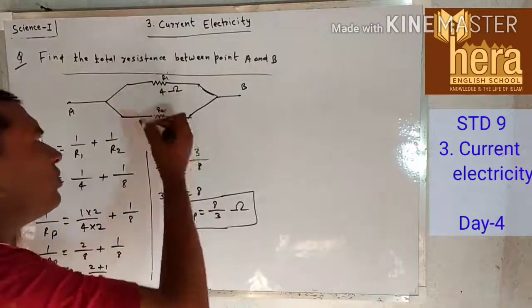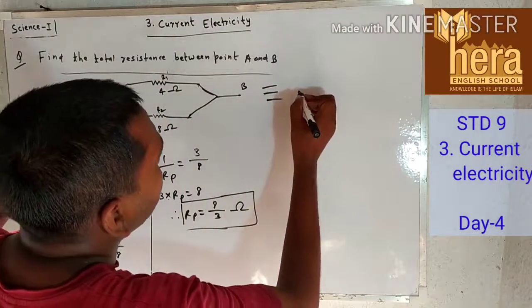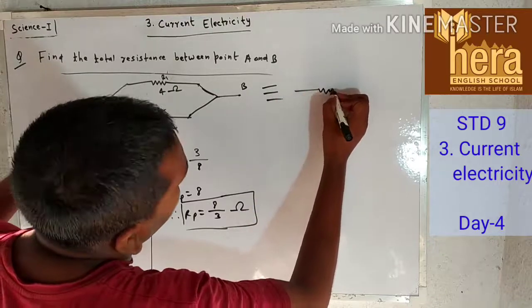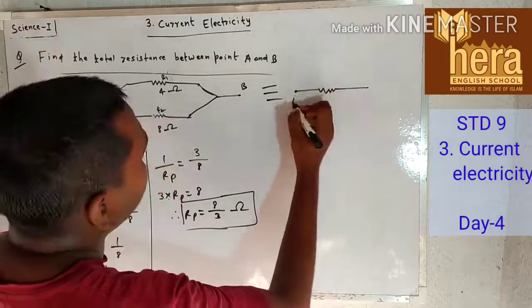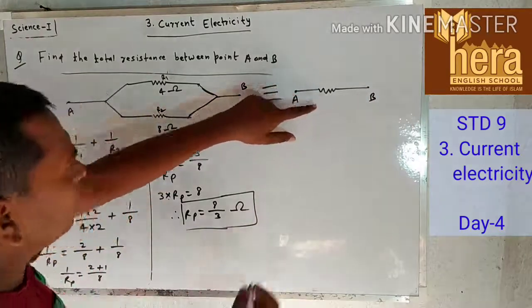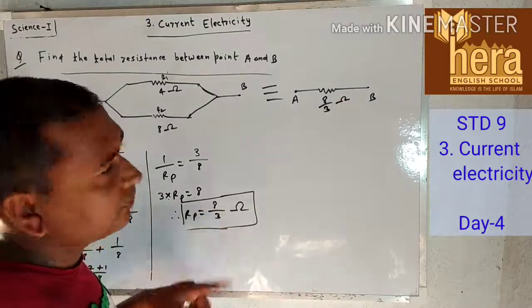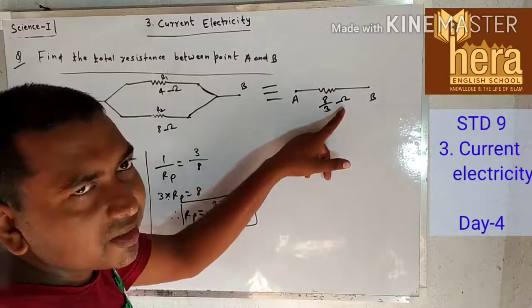So in the place of two resistors, simply this will be equivalent to, say this is point A and this is point B. So right here, this is 8 upon 3. You can write it in decimal also. 8 upon 3 ohm resistor.